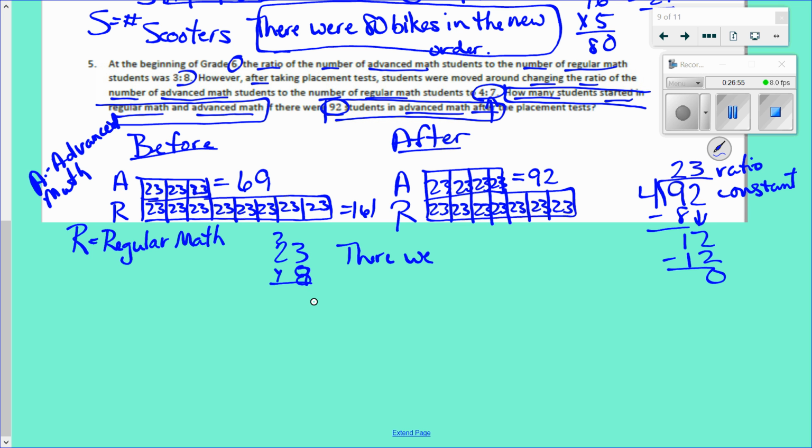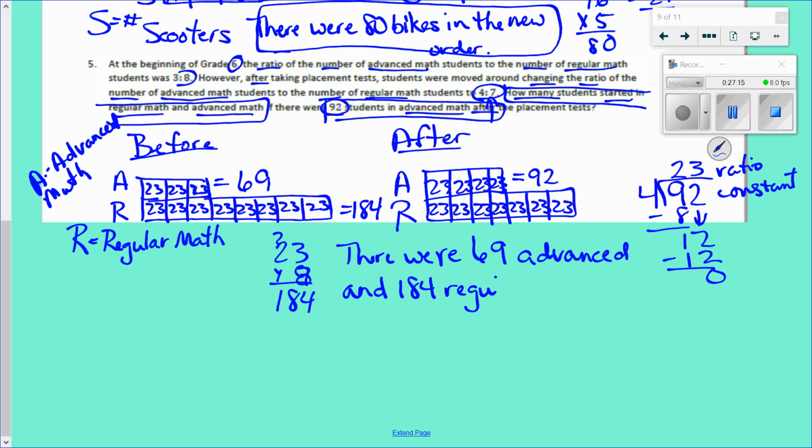Ms. McShann was doing these earlier, so 24, 161, 84, right? So there were 69 advanced math and 184 regular students before the test.